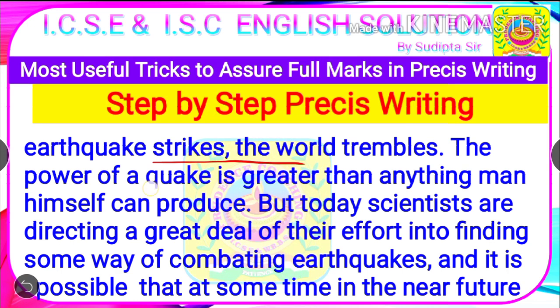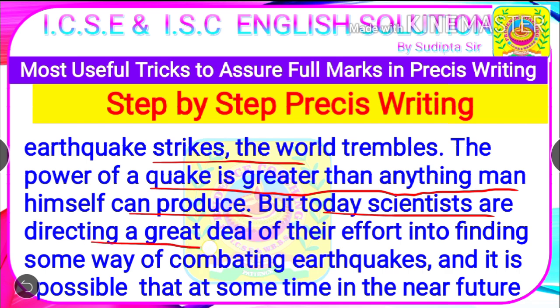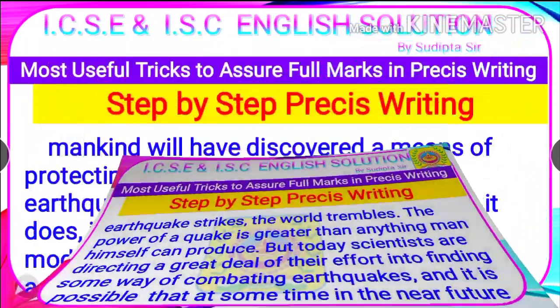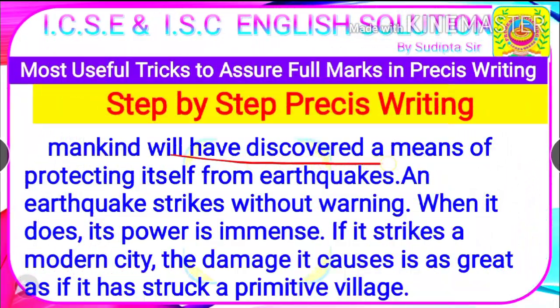The power of a quake is greater than anything man himself can produce. But today, scientists are directing a great deal of their effort into finding some way of combating earthquakes, and it is possible that at some time in the near future, mankind will have discovered a means of protecting itself from earthquakes.